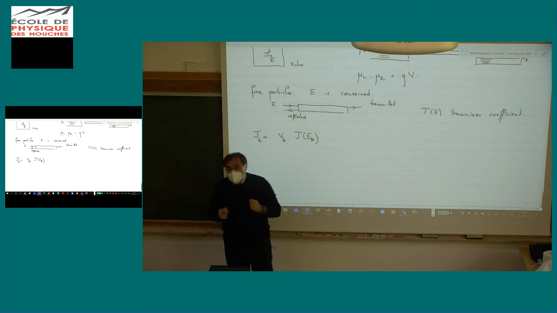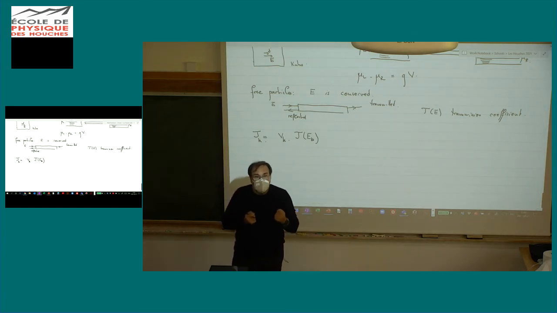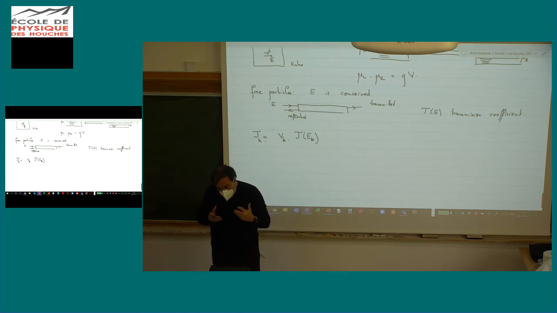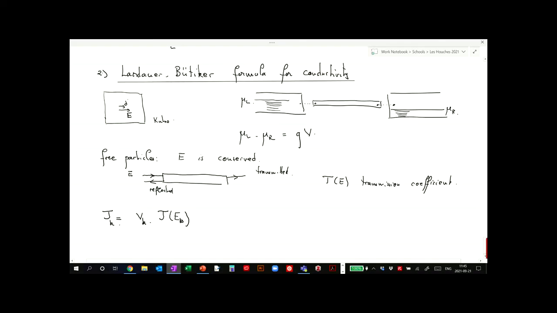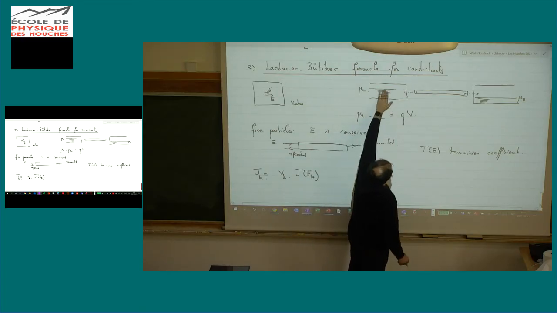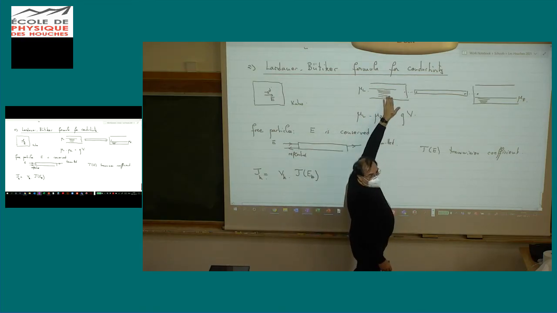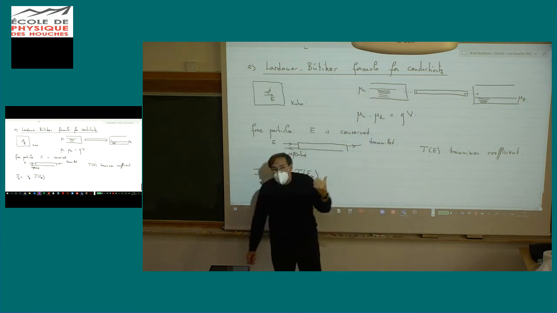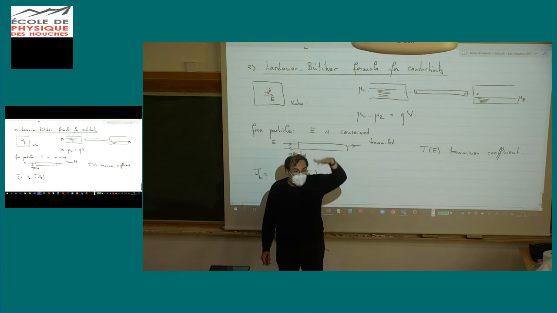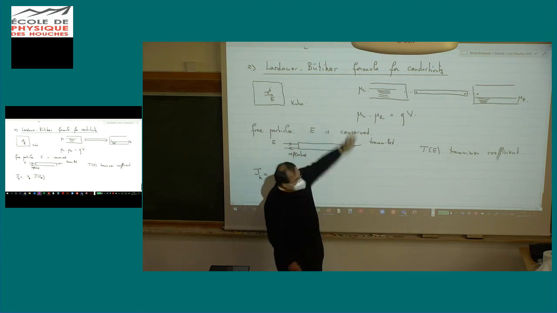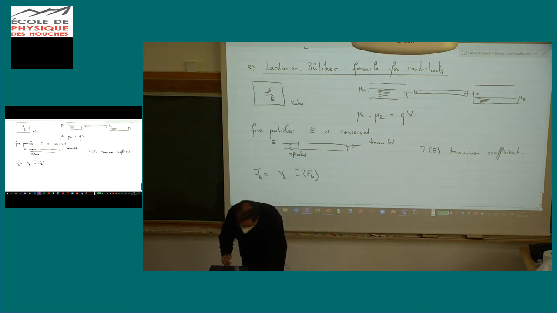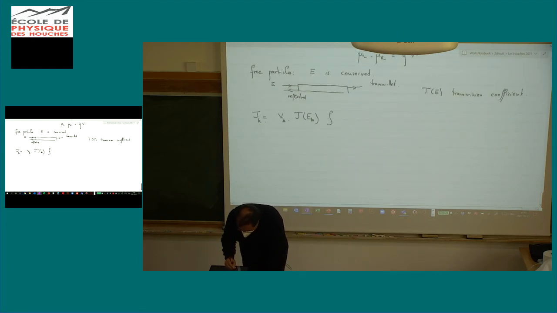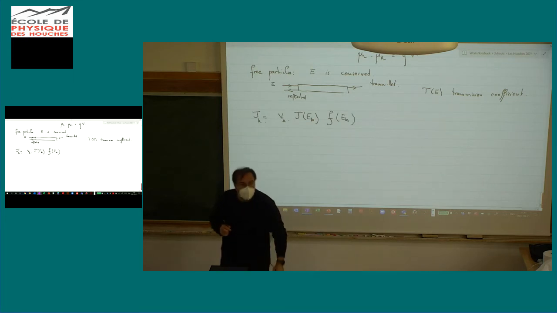And now I must do something which is a little bit more complicated, because I can only send a particle if the state here is occupied. If I assume I have fermions, I can say these states are occupied based on the Fermi-Dirac distribution. So I want that the state here, F, is occupied. So I have to multiply by the Fermi function of the system.